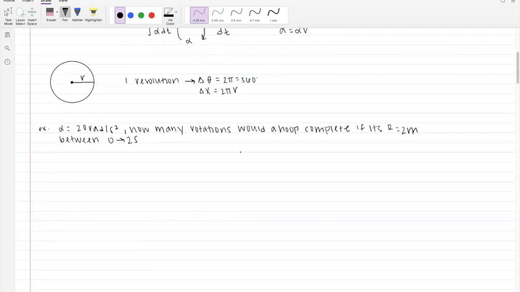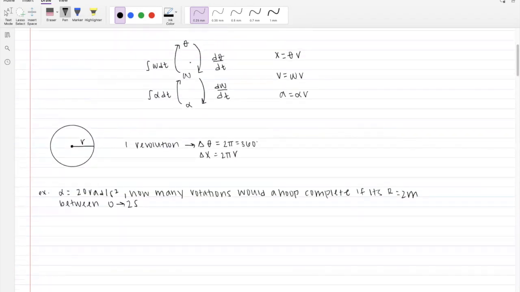All right, well, so we want to know how many rotations, so how many revolutions would this hoop complete? Well, all we have is acceleration. Well, that's fine because we can get to position by taking the double integral of acceleration. So the integral of acceleration is going to equal angular velocity.